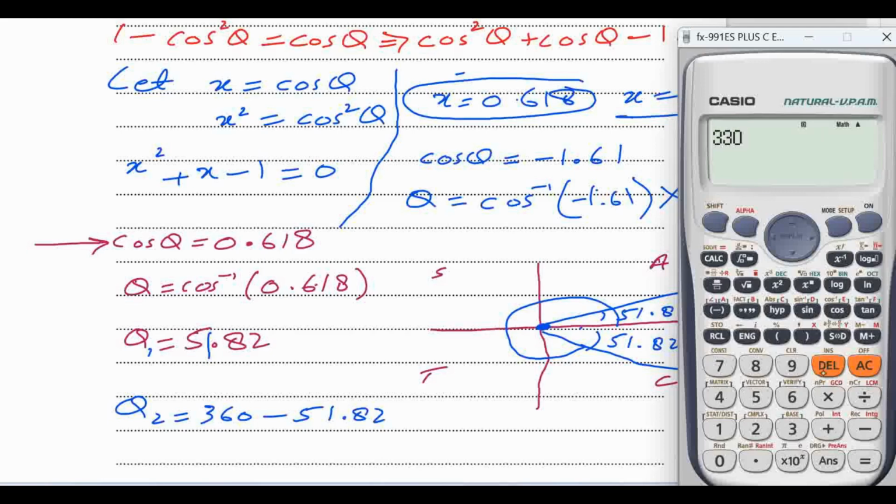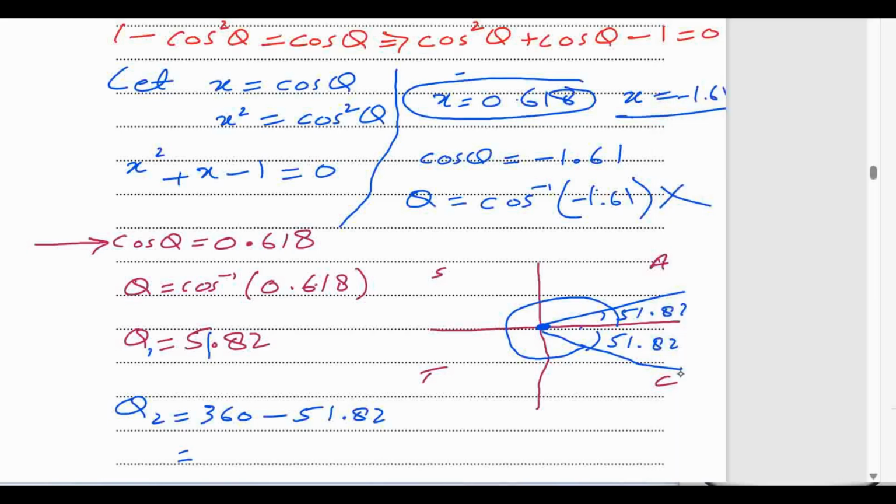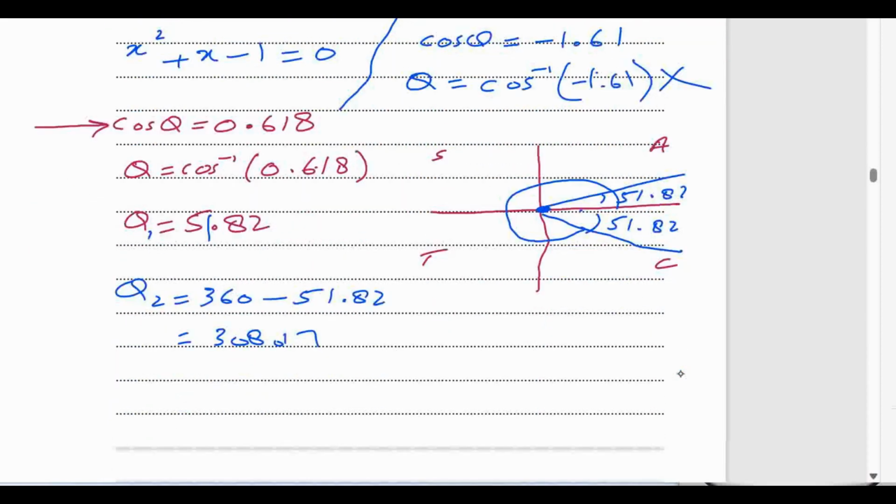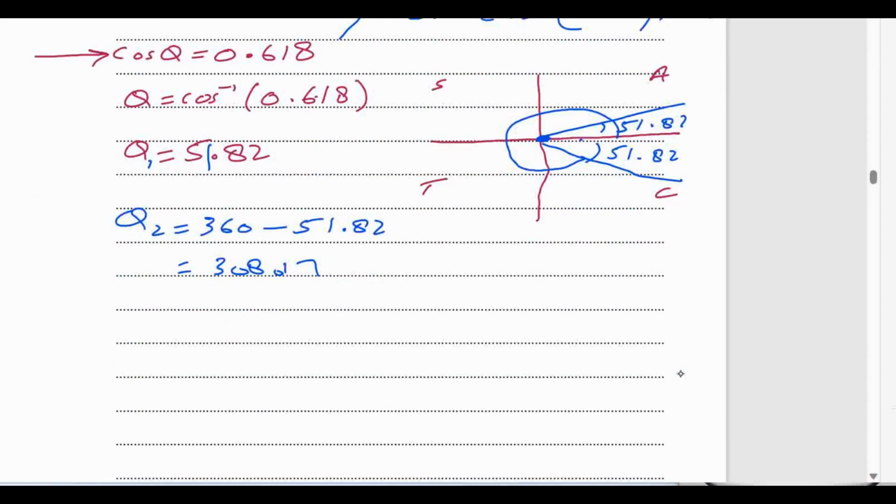So let's see the value. 360 minus answer will be equal to 308.17. So it means that theta will be equal to 51.82 and the other value is 308.17.